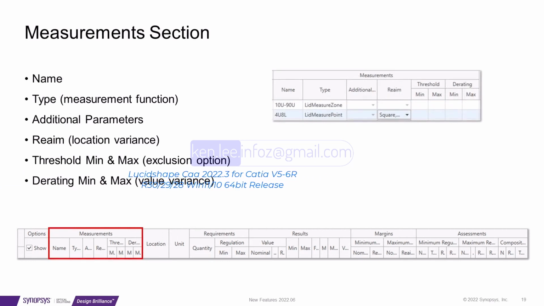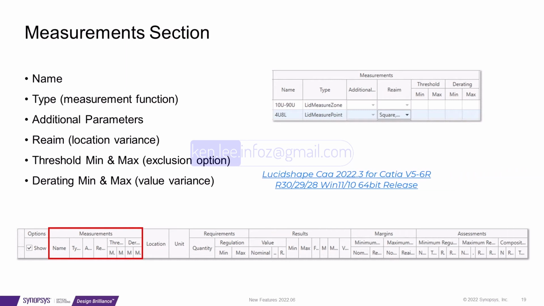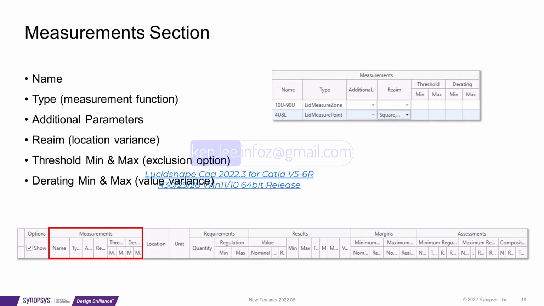In the measurement section, the parameters are as follows: the name of the measurement, followed by the type of the measurement function, for example, lit measure point. Then additional parameters, which are dependent on the function.